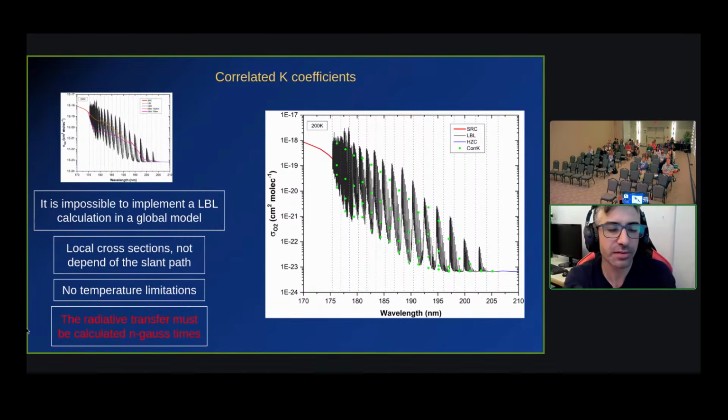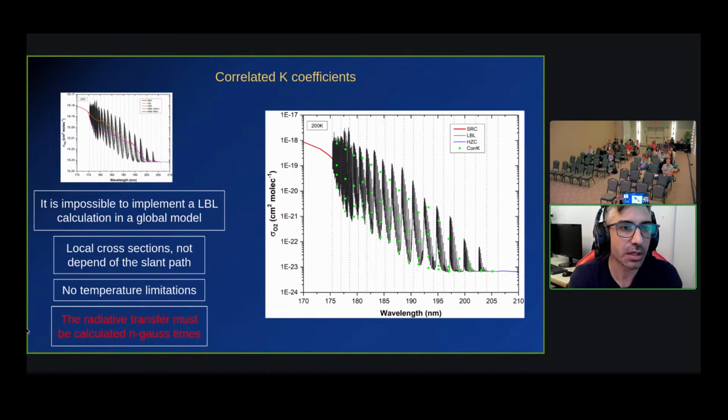The truth, or the best representation, is the line-by-line computation. The Schumann-Runge band has something like 11,000 lines. In theory we can implement this LBL calculation, but it's impossible to implement in a global model like WACCM because it's really computationally expensive.